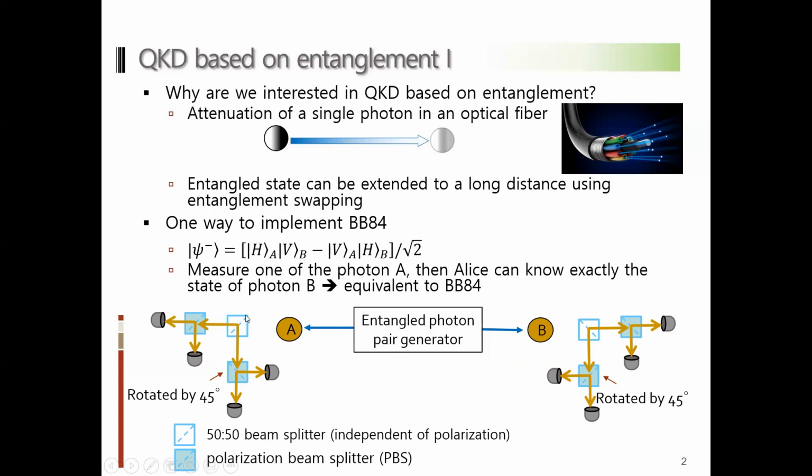This beam splitter does not depend on the polarization of the input, but we say that it is a 50-50 beam splitter, meaning that when any photon comes in, there is a 50% chance to be transmitted and a 50% chance to be reflected.